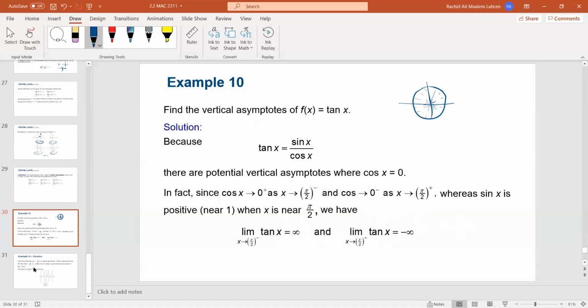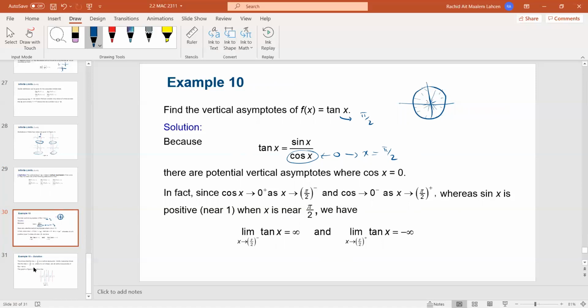People who know trig well know that pi over 2, for example, is going to be a vertical asymptote there. And here is the explanation: tangent is sine of x over cosine of x. So when the cosine is 0, we're going to have a vertical asymptote. This becomes 0 when x is pi over 2.